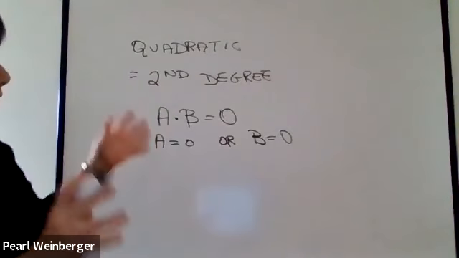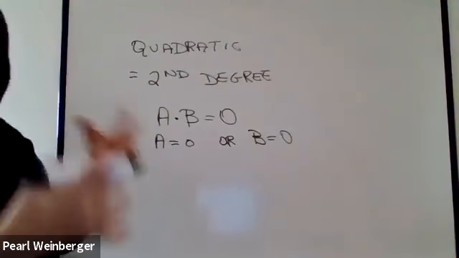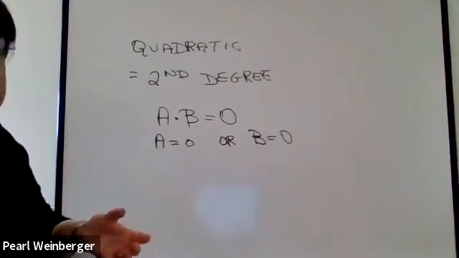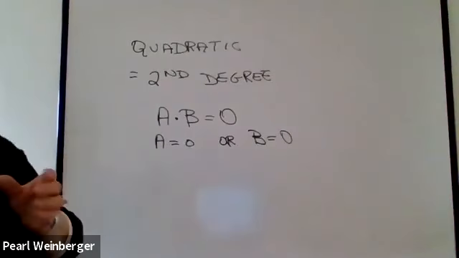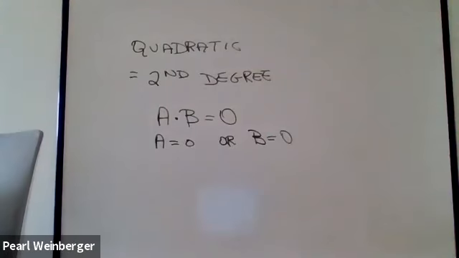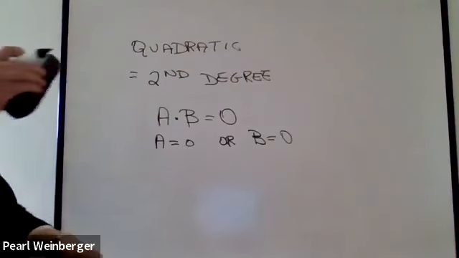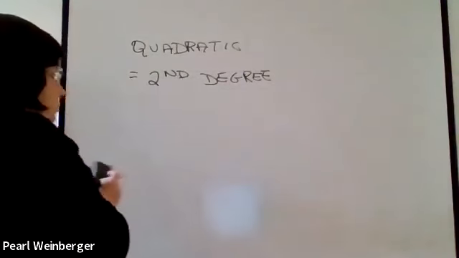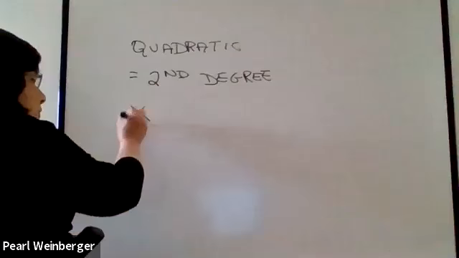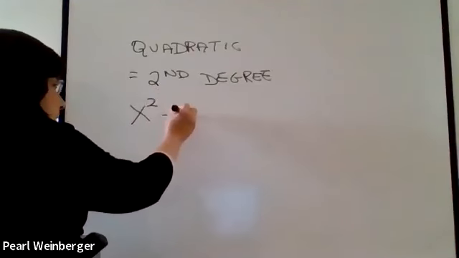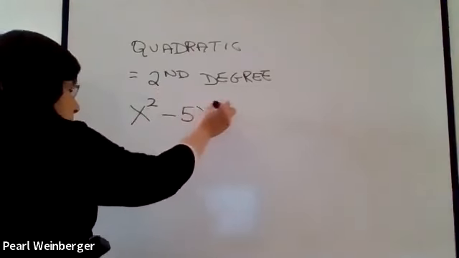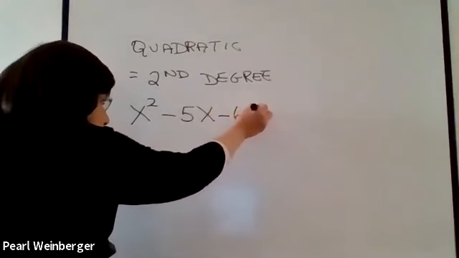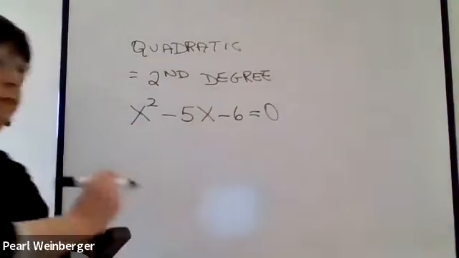So how does this work with solving a quadratic equation? Let's take a simple quadratic equation. Let's say I gave you x squared minus 5x minus 6 equals 0.